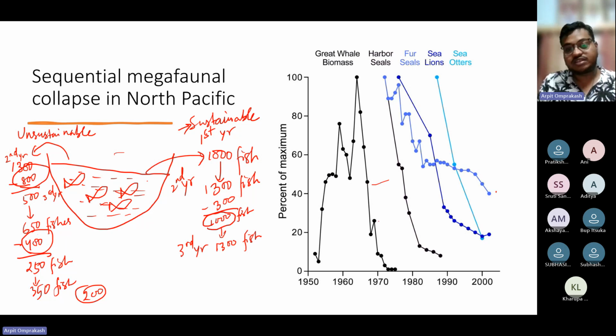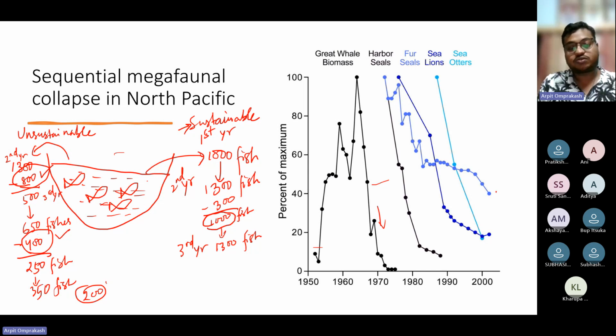After we see a decline in the population of great whales, let's say in this case, initially you caught 800 fishes, you sold them, and you had a very high profit. The second year you caught 400 fishes. You didn't get a huge profit, but it was manageable for you. So let's say you continue fishing.